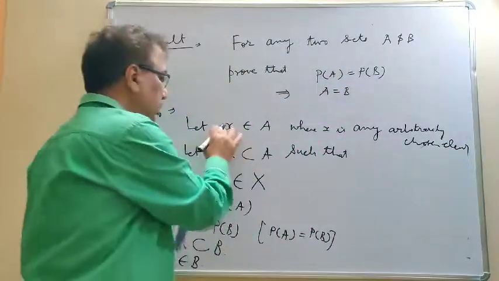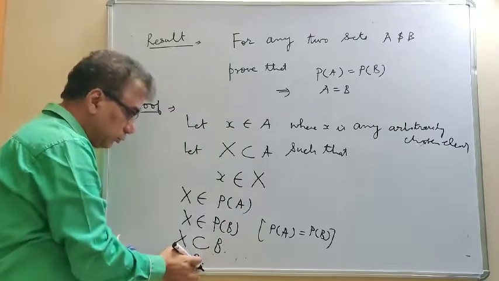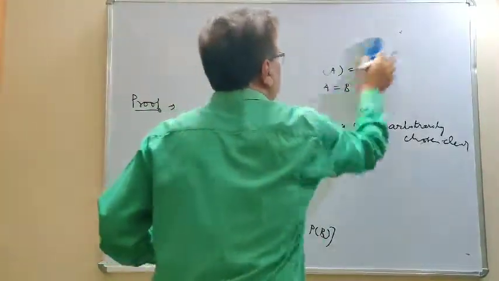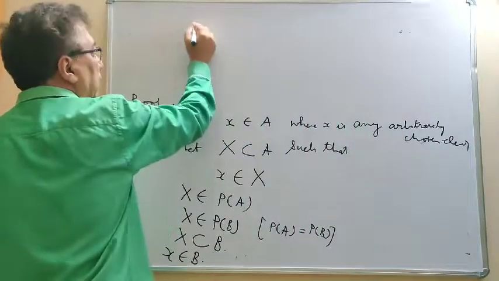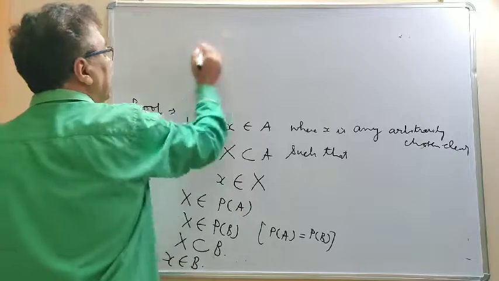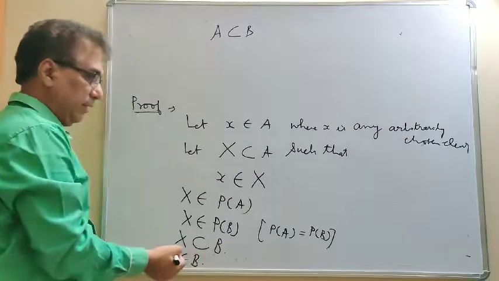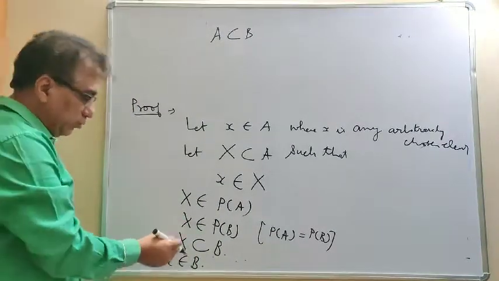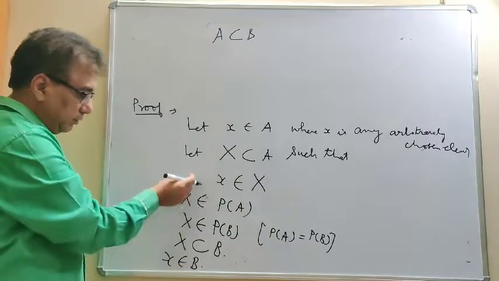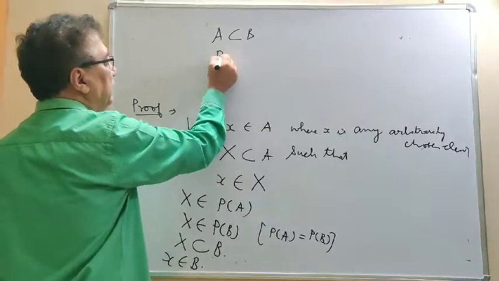Whatever is true for this x is true for all the elements of A. So every element of A belongs to B. So this suggests A is a subset of B, because all the elements of A belong to B. Similarly, if we go in the reverse order by taking any one element of B and following the pattern in reverse order, we can show that B is also a subset of A.